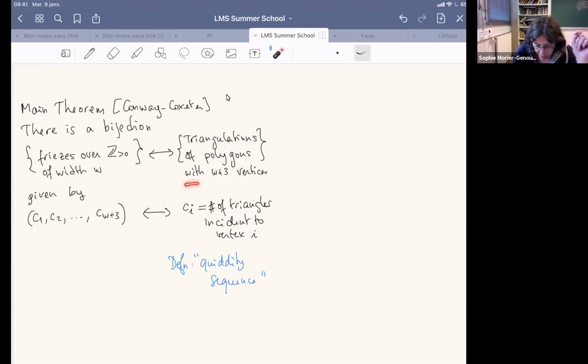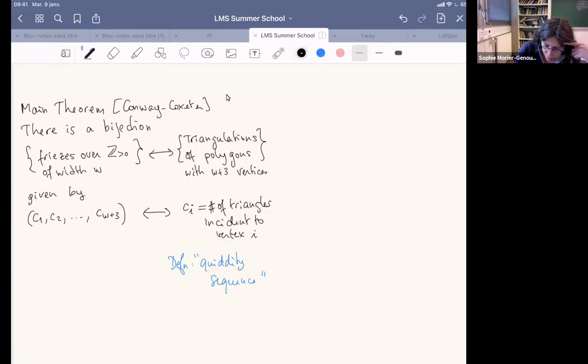Conversely, if you start with a triangulated polygon, you want to understand that taking these numbers and putting them in the first row of a frieze, you are able to compute a frieze with positive integers only. And remember, for a triangulated polygon, this sequence is called the quiddity sequence. So I use this terminology.